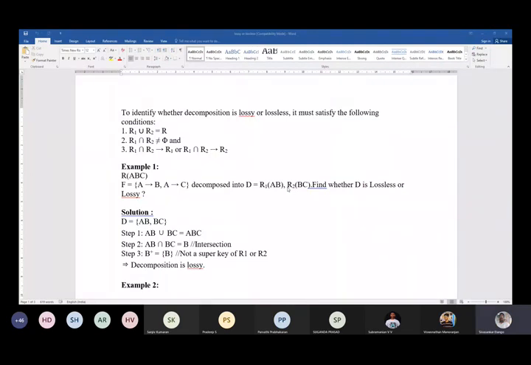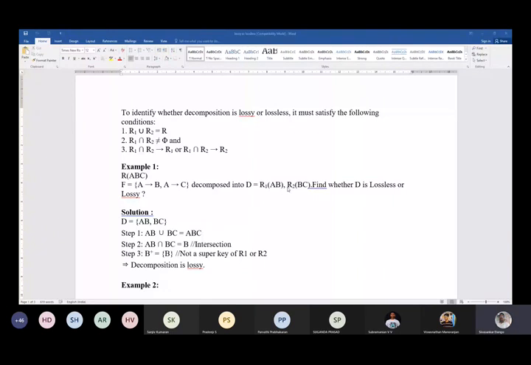So we have three conditions for decomposition, right? Whenever you are going to decompose a relation R into a set of fragmented relations R1, R2 till Rn, the conditions you need to check for lossy or lossless decomposition are that the union of all the fragmented relations should give you back the original relation, so R1 union R2 is equal to R. The intersection of the fragmented relations should be not null, so R1 intersection R2 is not null.